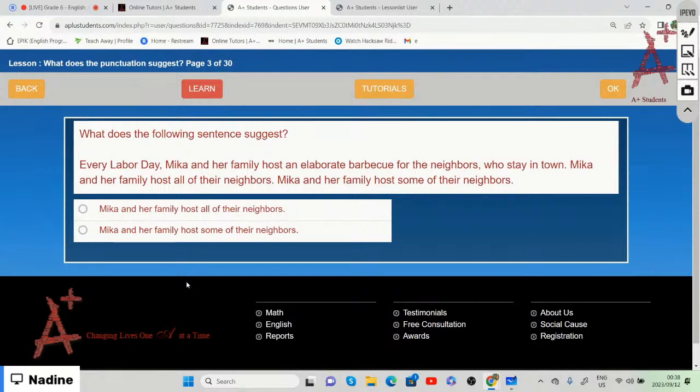Does it suggest that Mika and her family host all of the neighbors, or that they host some of their neighbors whenever they host an elaborate barbecue?